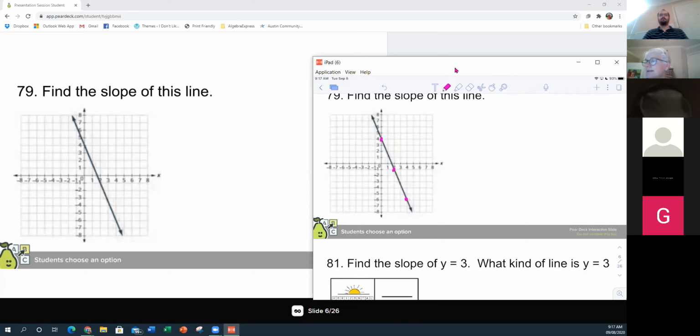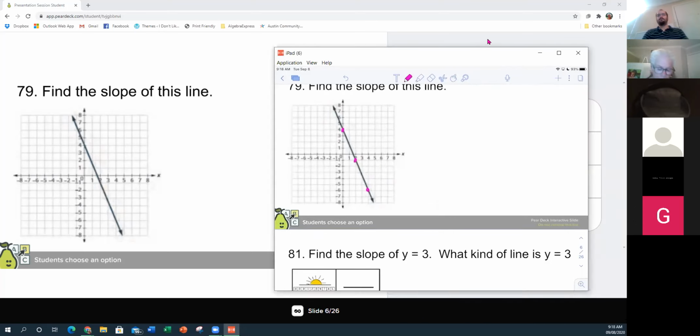Like I said, these are kind of ambiguous because when you first look at this, you might, for example, think it's -2, right? So you might go, okay, I can go down 2 and over 1. So you think the slope is -2, but then if you go down 2 and over 1 again, you're off the line. You see that? So that's how you know that's not the right one.